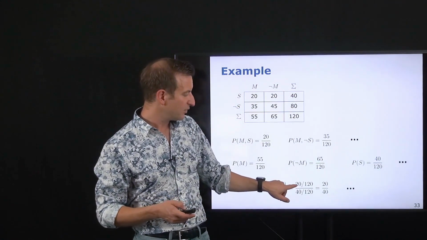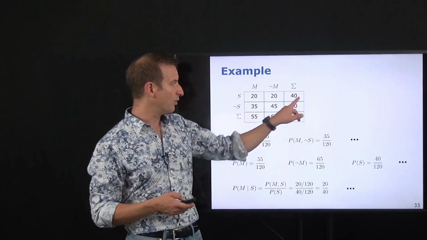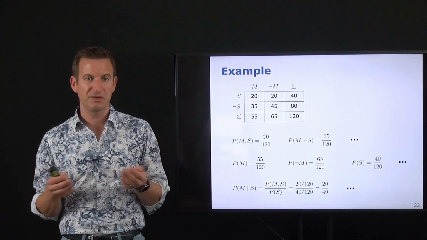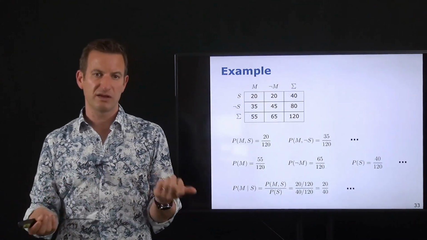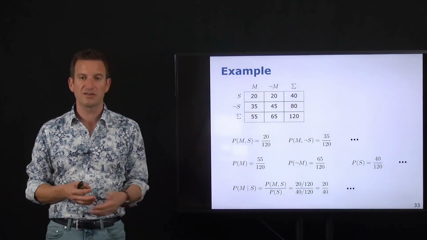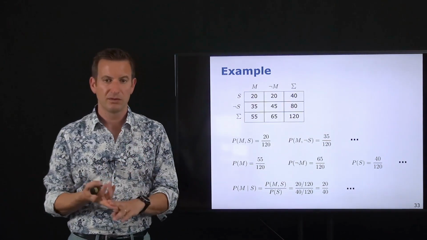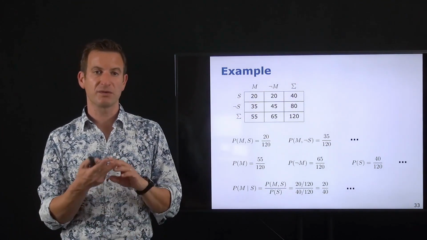So 20 by 120 divided by 40 by 120 is exactly the 20 divided by 40 that I was indicating here. So it's a 50% chance. If I know the person is smoking, it's a 50% chance to say it's a male or a female in this example.